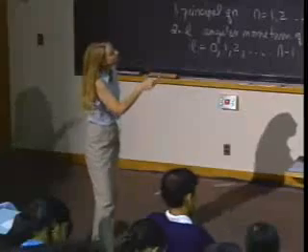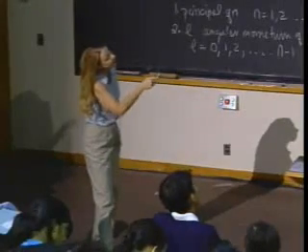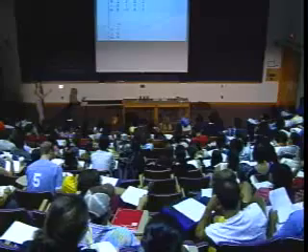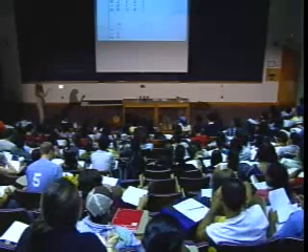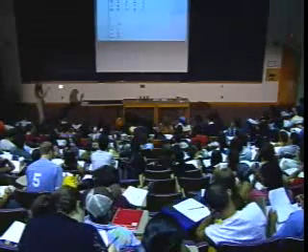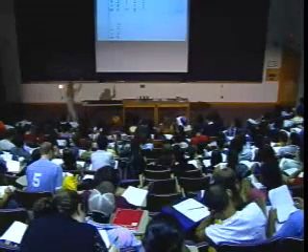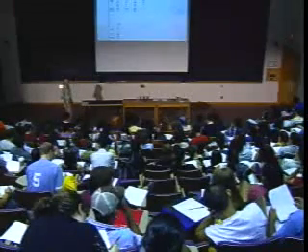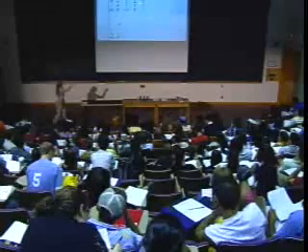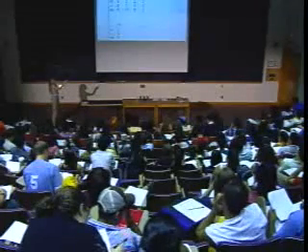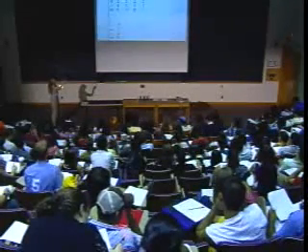Okay. But now, the reason these 3D wave functions differ is because they have different amounts of angular momentum in the z component. They have different values of m. So, if n is equal to 3, l is equal to 2, the smallest value that m can have is minus 2, right?